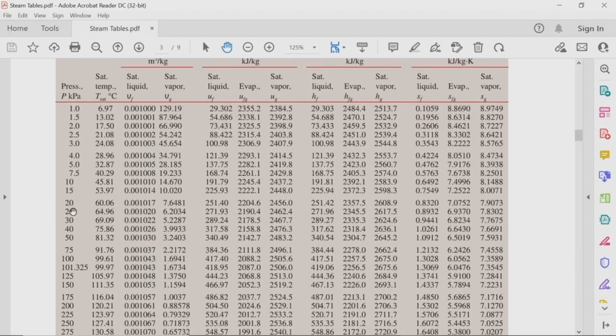Now, we can see at 20 kilopascal, Vf is 0.001017. If we go to this particular row, that is 20 kilopascal, Vf is equal to this, and similarly we also can get Hf from the enthalpy column. So, enthalpy would be 251.42 and the specific volume of the liquid will be 0.001017. Now we can go back to the slide.